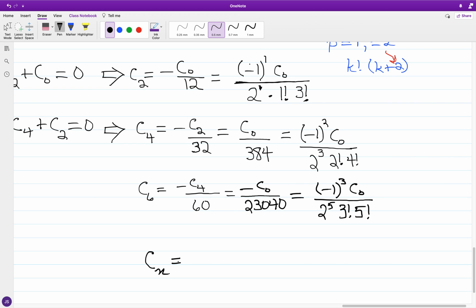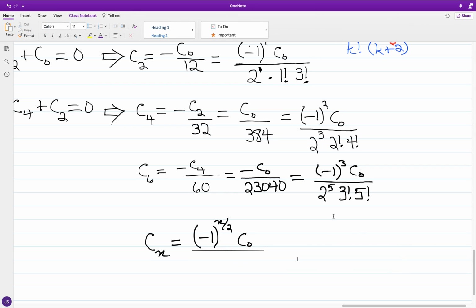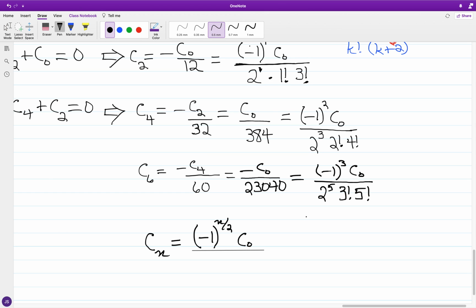So we have C of n, and it's going to be equal to -1 raised to the n over 2 C naught, and for the base 2, we have 2 to the n minus 1, and this part, so you got n over 2 factorial, and then followed by n over 2 plus 2 factorial.